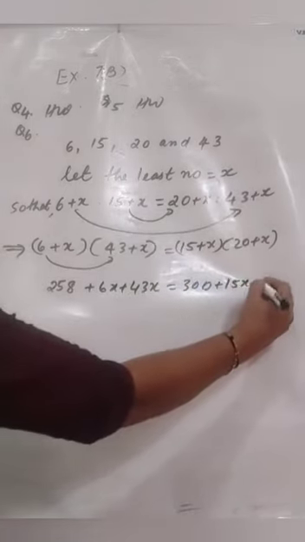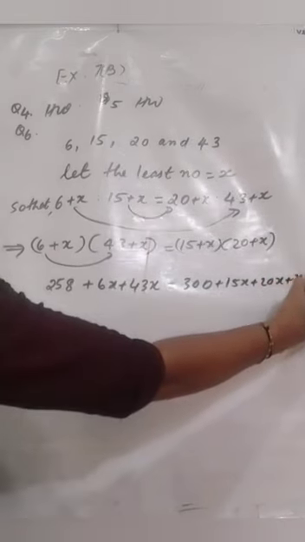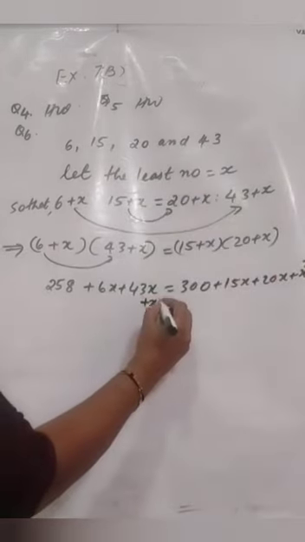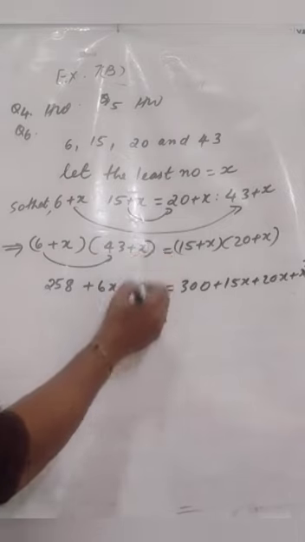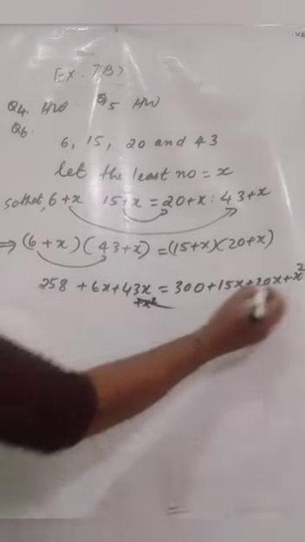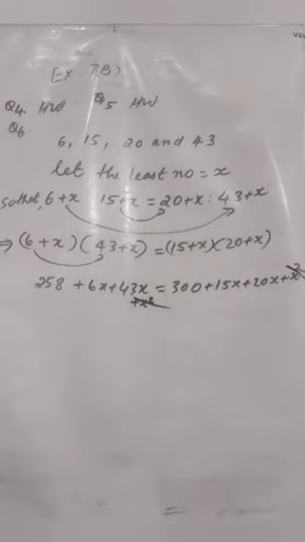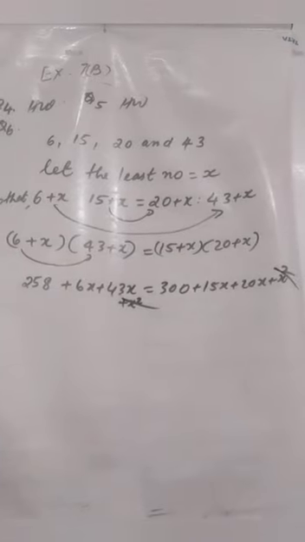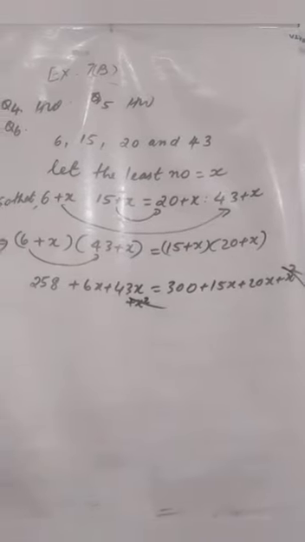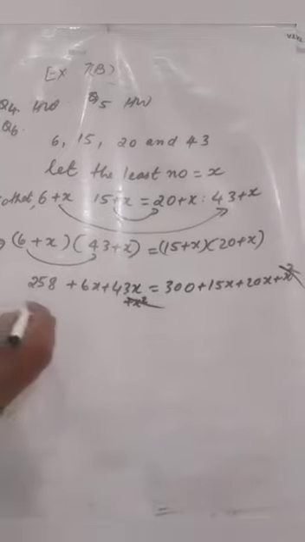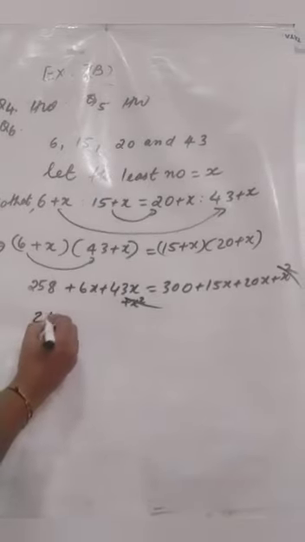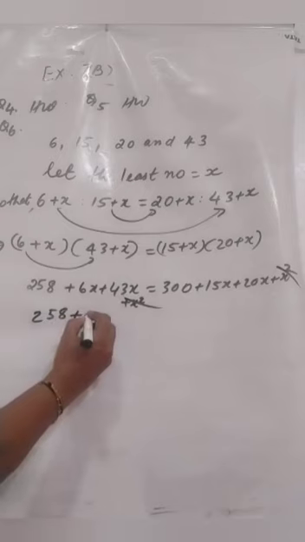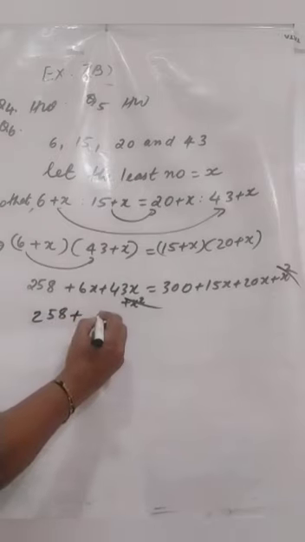Right side 300 plus 15x plus 20x plus x square. Left side also x square. And look at that, we can cancel the x square and write the like terms on one side. First 6x plus 43x is 49x.